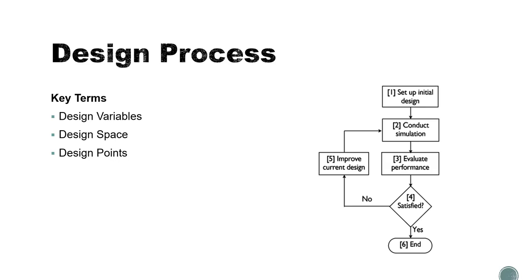If a beam has an initial thickness of 5 millimeter and we want to change it to 10 millimeter, there are infinitely many points that we can create between 5 and 10. So we may need to limit our design points to 3 or 4 so that we have less computation while performing the optimization process.